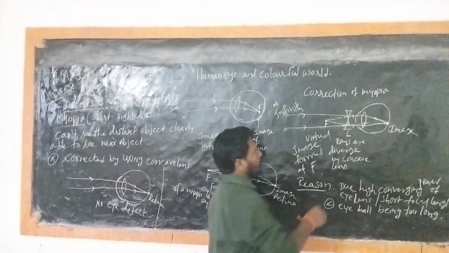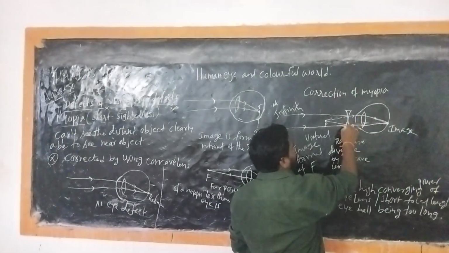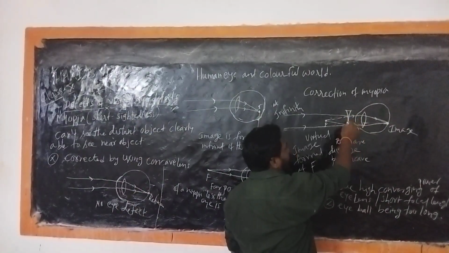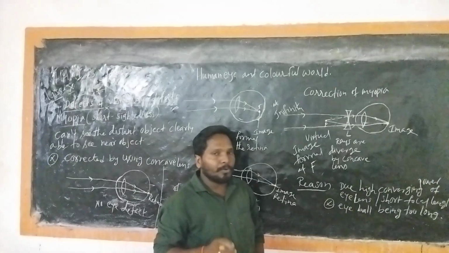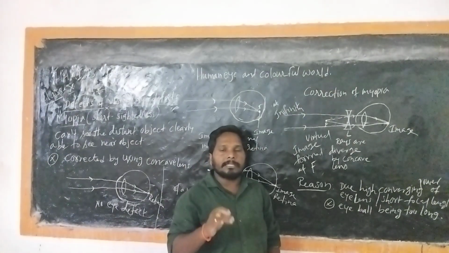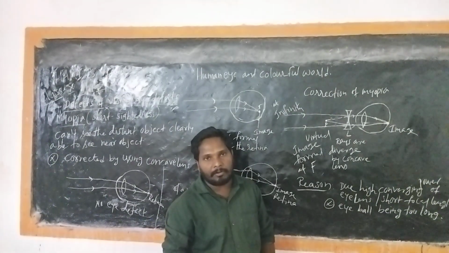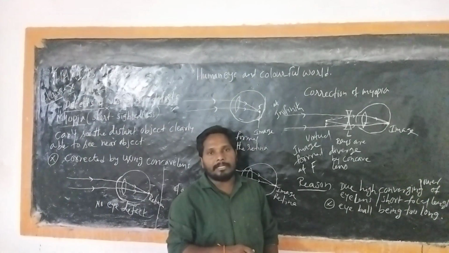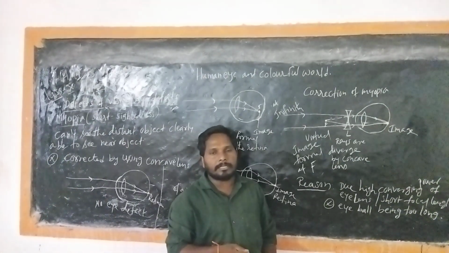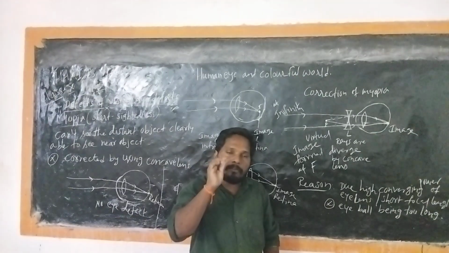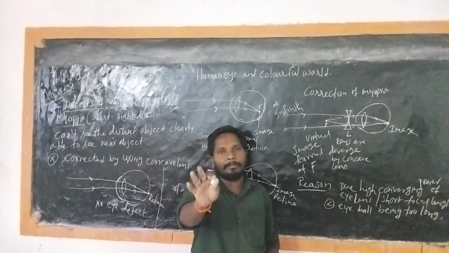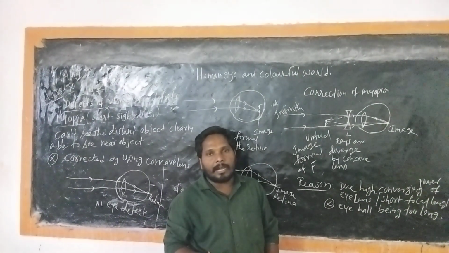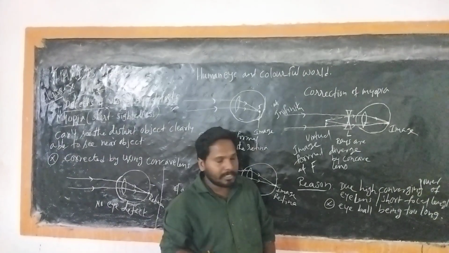When we place a concave lens in front of the eyes, as we know, a concave lens is a diverging lens, and it always forms a virtual image.